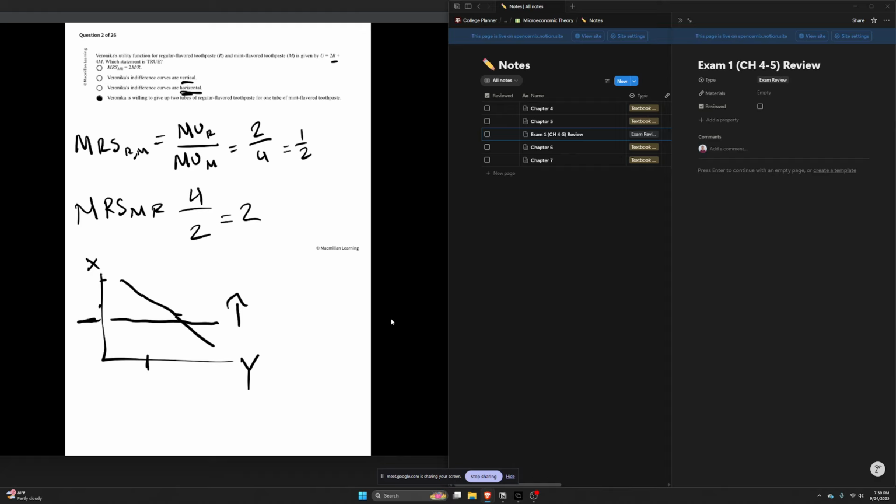So as income increases, if we have a second budget curve, then y moves from here to here, and x doesn't change. So there's no substitution.